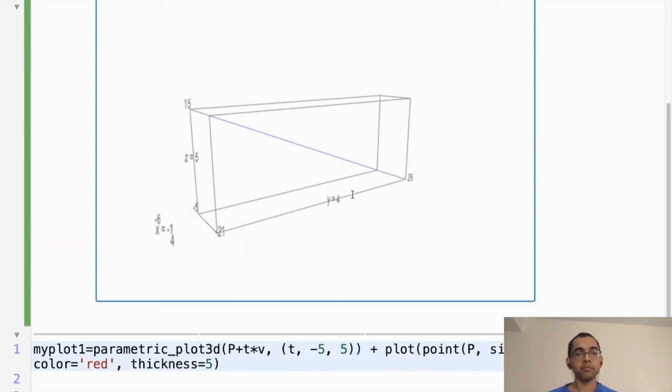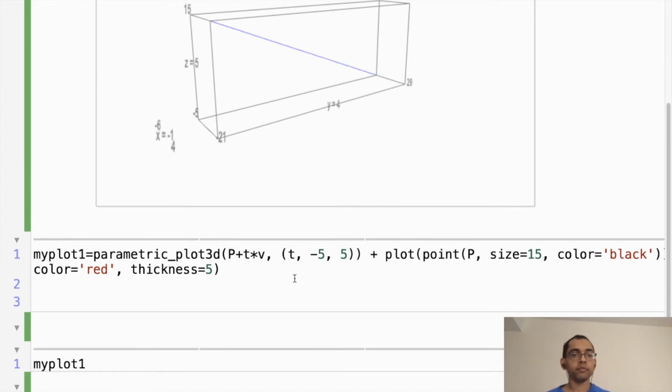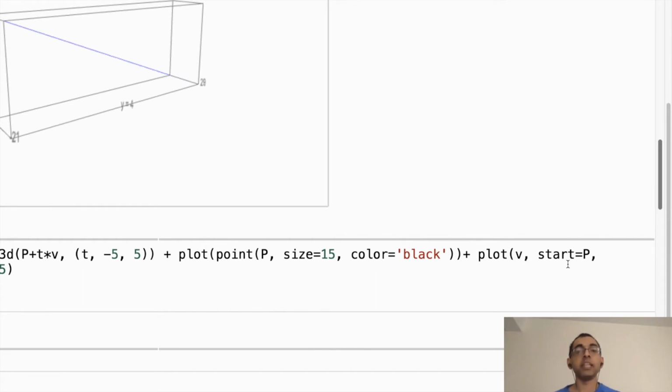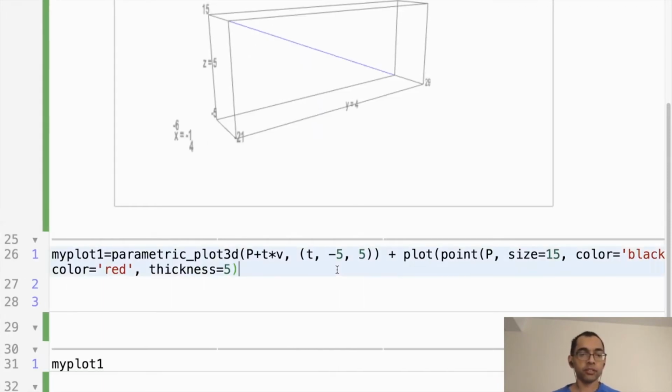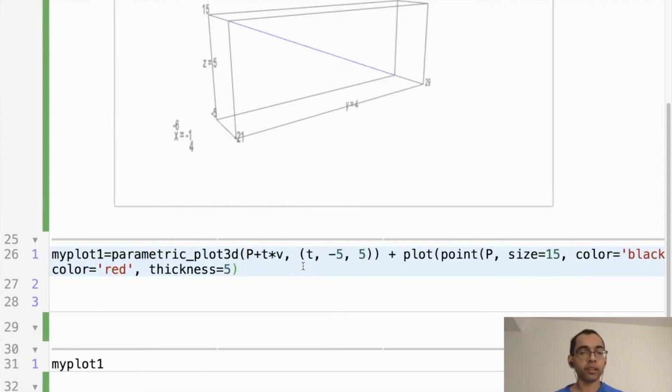To make it a little bit more interesting, let's add in the actual point P and the vector v starting at P. So I've made a new variable, my plot1, and that's going to store the parametric plot 3D that we just plotted above, and then add to it the plot of the point P as well as the plot of the vector v starting at P. So hit Shift Enter.